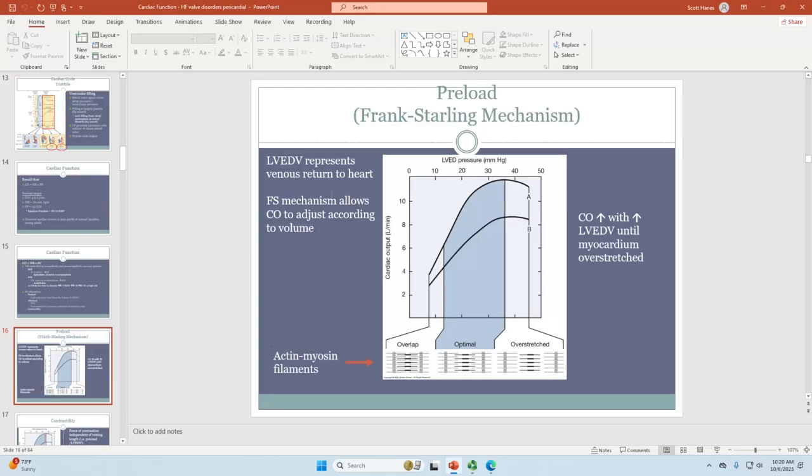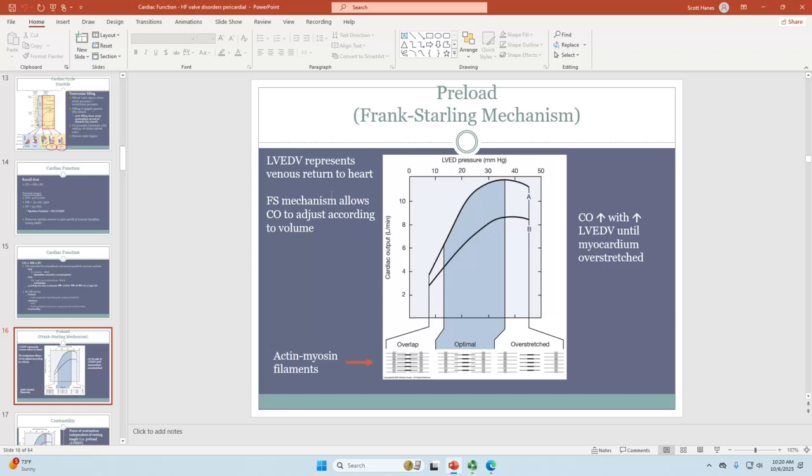And then when we get too much blood, too much preload, we're over here on the right, actin and myosin get overstretched. They don't contract as efficiently as they should. And so, as you can see, cardiac output or stroke volume begins to plateau or even decrease.